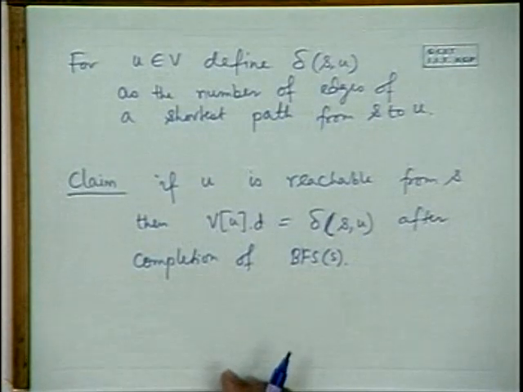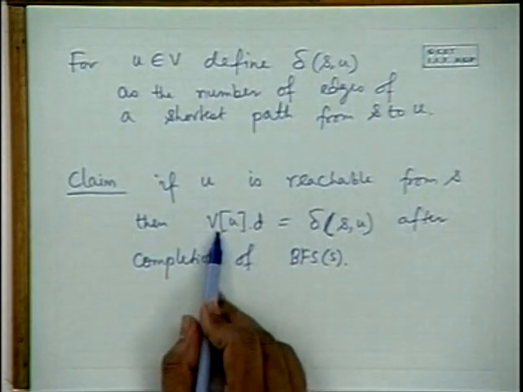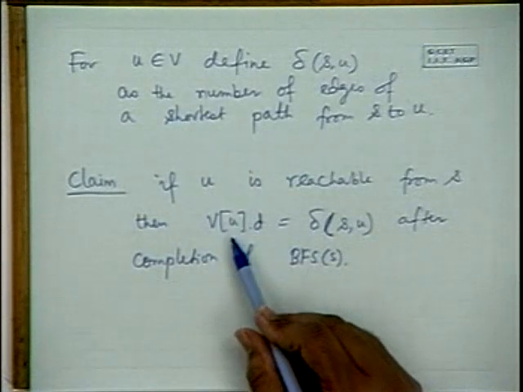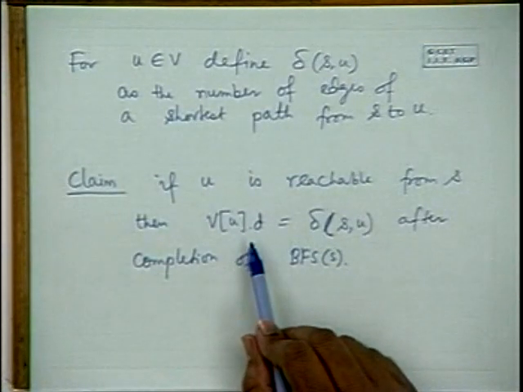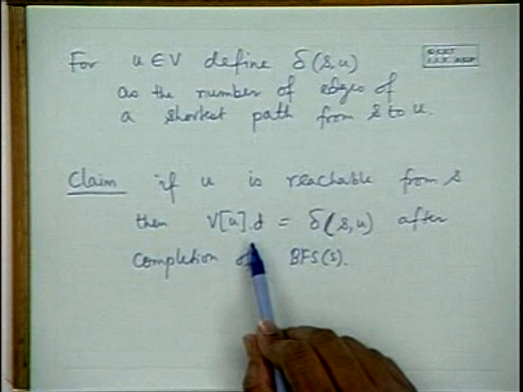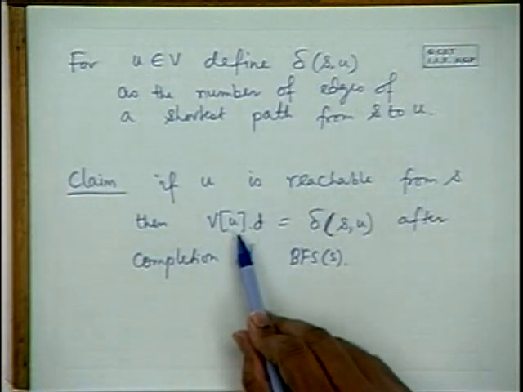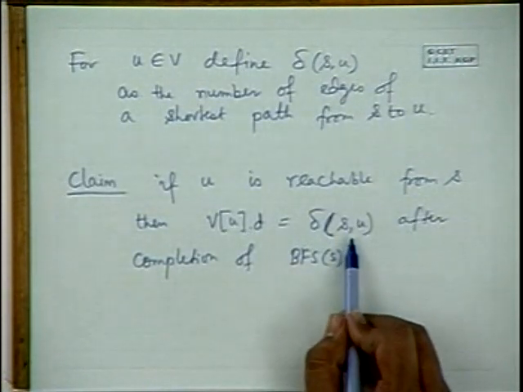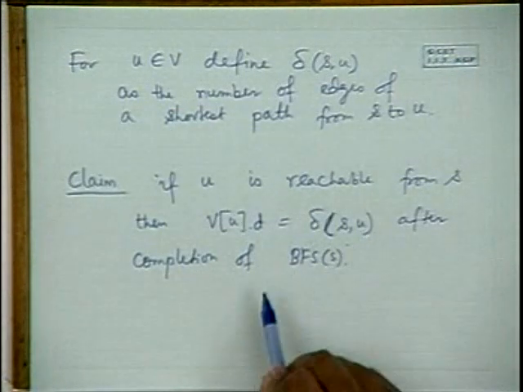So when you complete BFS from s, if u can be reached from s, if there is a path, then the d field is exactly equal to the length of the shortest path from s to u.